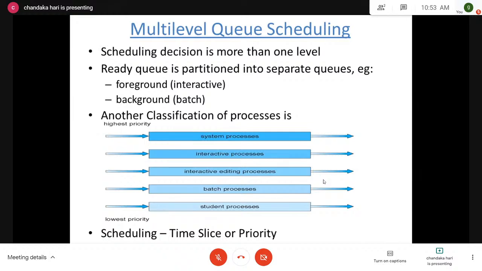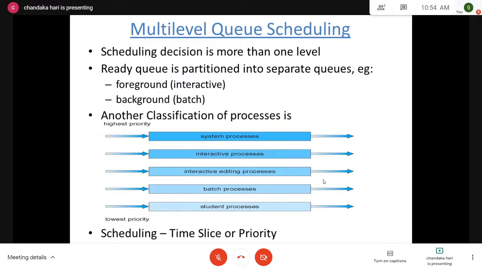Now let us take another example, an algorithm with 5 queues. Assume there are 5 queues in my computer system, classified as: system processes, interactive processes, interactive editing processes, batch processes, and student processes.